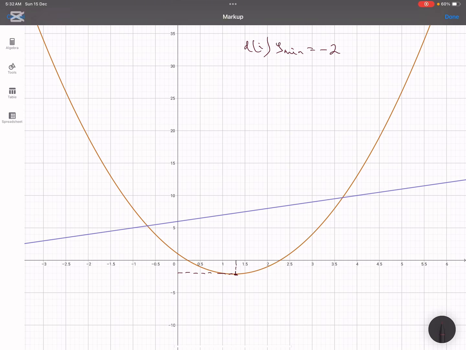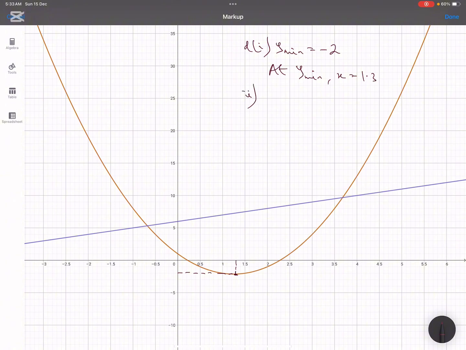On the horizontal axis, it is 2 centimeters to 1 unit. So that will be 0.1, 0.2, 0.3. Yeah, that's 1.3. So when y is minimum, x is equal to 1.3.